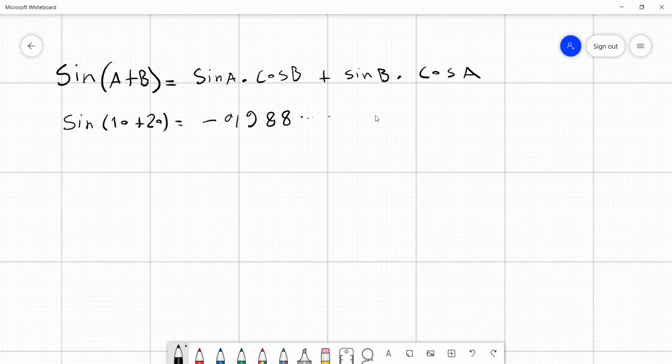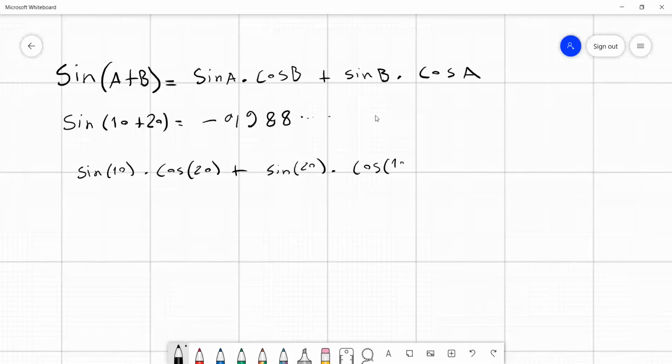Now let's see if this actually holds true with our long equation. So if we apply it, sine 10 times cosine of 20 plus the sine of 20 times the cosine of 10, please go ahead and enter this into your calculator and see what you get.